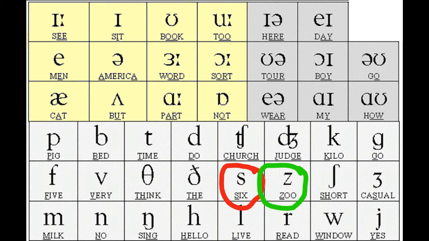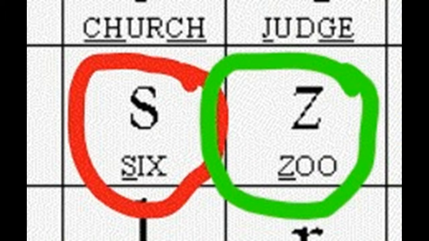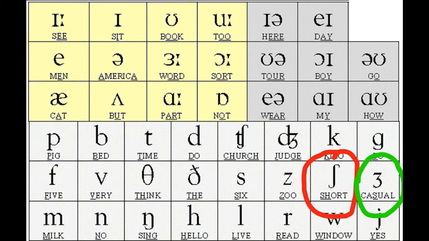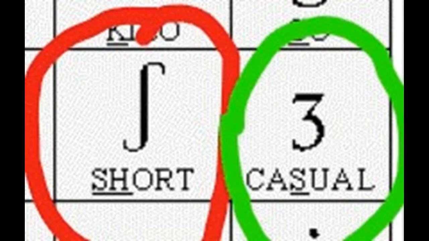So here we can see the S and Z sounds, and I'll show you how to make those in a moment. Now the next set of sounds we're going to look at, again one unvoiced and one voiced, are sh and zh, and here you can see them up close again.